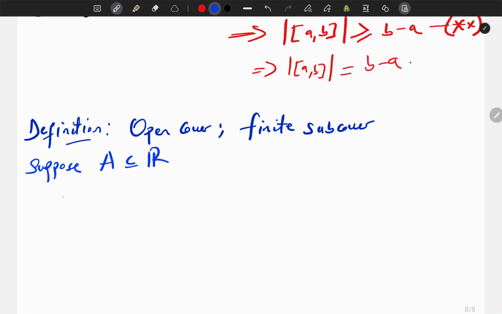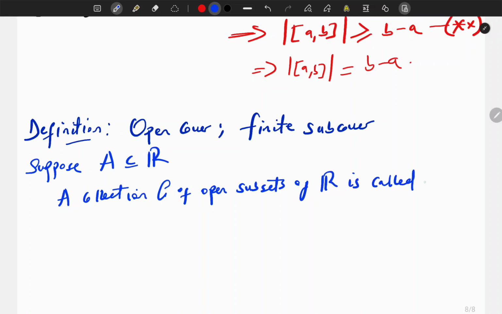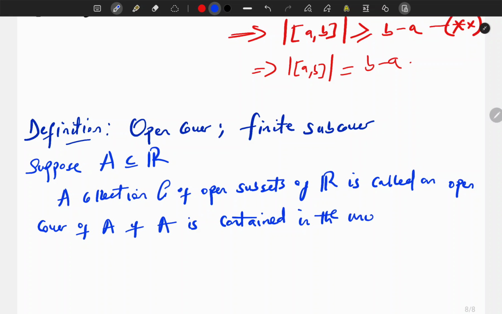A collection fancy C of open subsets of R is called an open cover of A if A is contained in the union of all the sets in the fancy C. So take note of this.